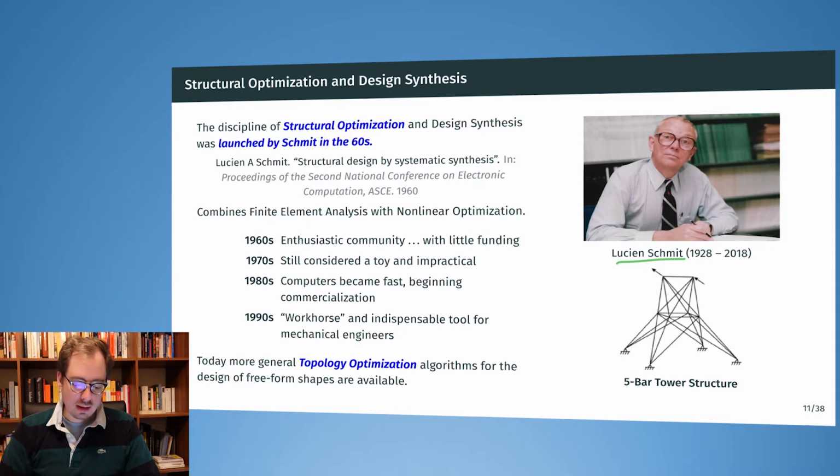And they started with some simple truss structures, for example here this 5-bar tower structure, and then wrote computer programs for their optimization. Initially, of course, the hardware was slow, so they had like IBM 360 series machines and Fortran, but gradually computers became better and also the methods became better.